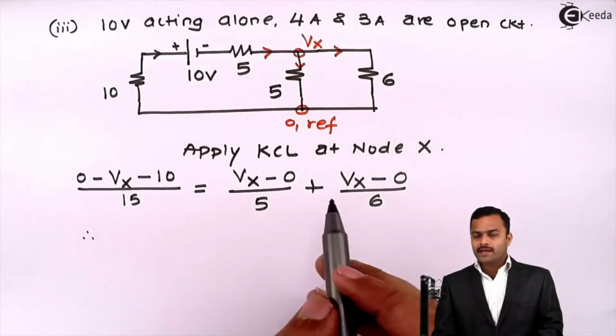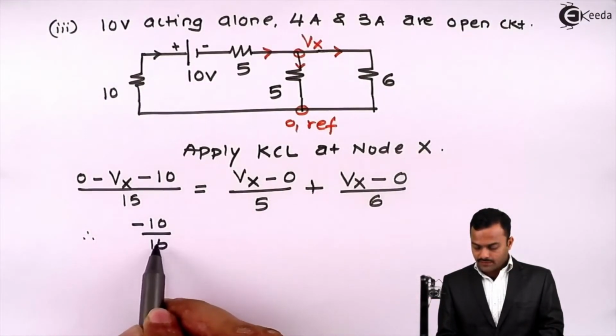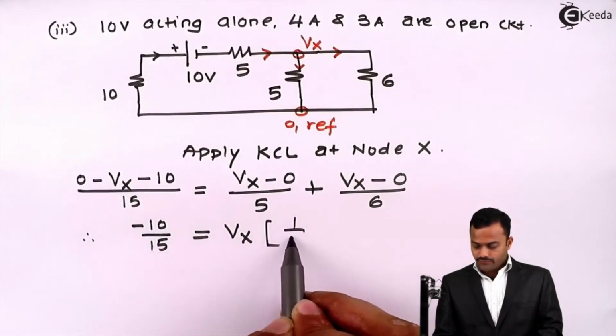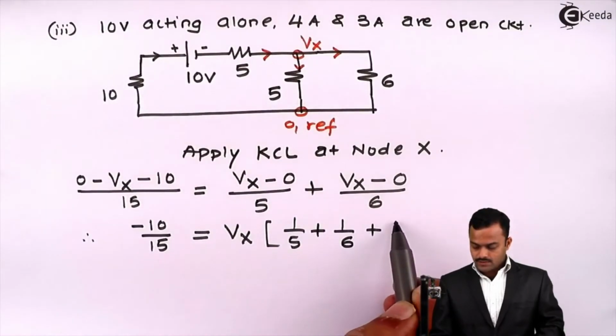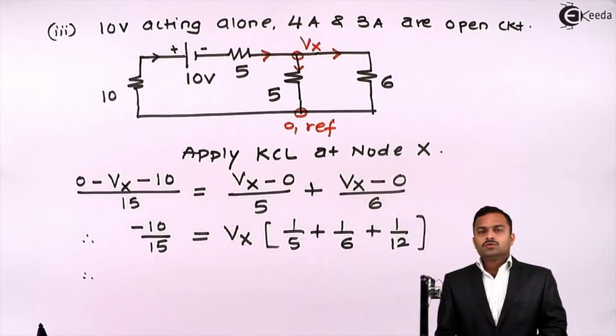So if I take all Vx terms together, it will be minus 10 by 15 on the left hand side. On the right hand side, it is Vx, coefficient is 1 by 5 plus 1 by 6 plus 1 by 15. So if we solve further, what we will get?